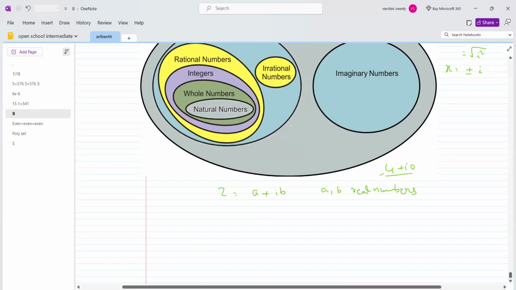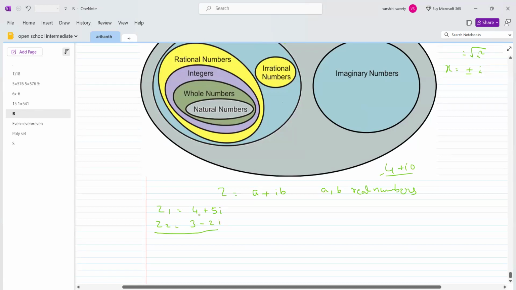In this, we are going to do addition of two complex numbers, subtraction, multiplication, division. Suppose Z1 equals 4 plus 5i, Z2 equals 3 minus 2i. If you want to add these, we add like normal algebraic expressions.